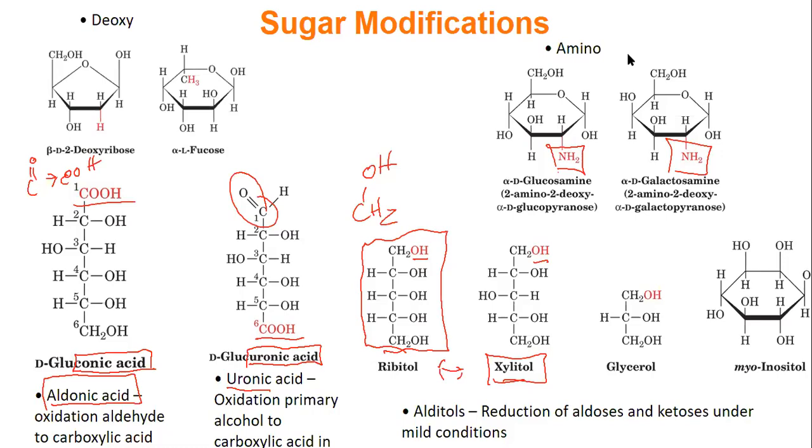Reduce, that has to do with oxidation and reduction. So when we look at the carbon, the oxidation number of a carbonyl carbon is +1. -2, +1, +1, +1.